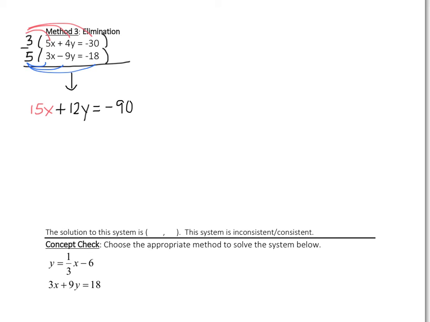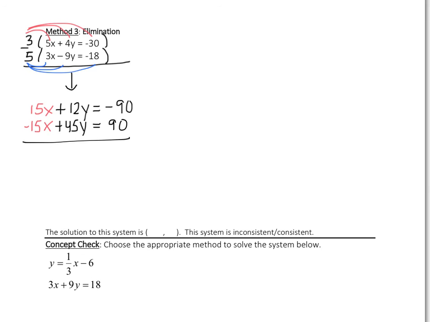So -5 times 3x is -15x. And then -5 times -9y is positive 45y. And then -5 times -18 is positive 90.